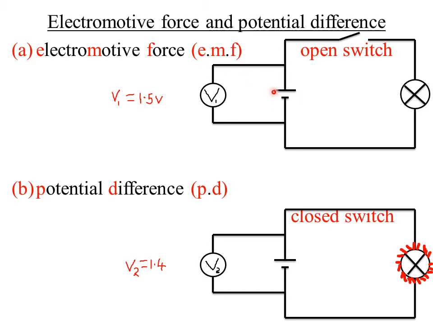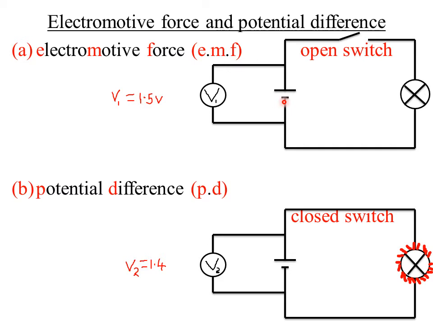The total energy or charges supplied by the battery, before they are lost due to resistance, is the electromotive force. Then the potential difference is the amount of energy or charge that remains after some energy has been lost due to the resistance of the materials and even the internal resistance of the cell.